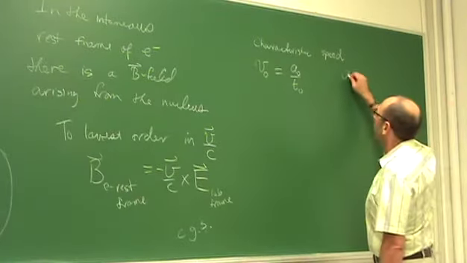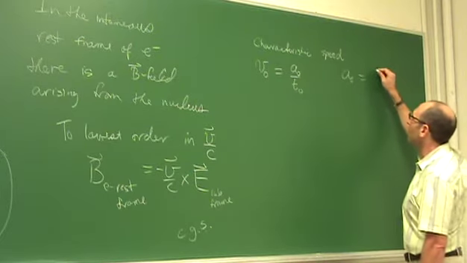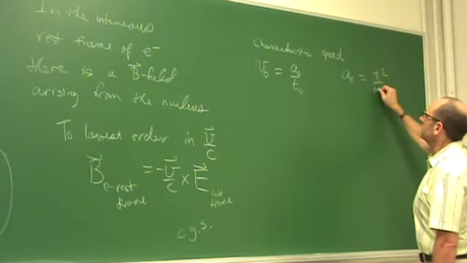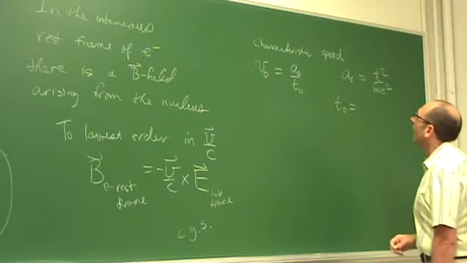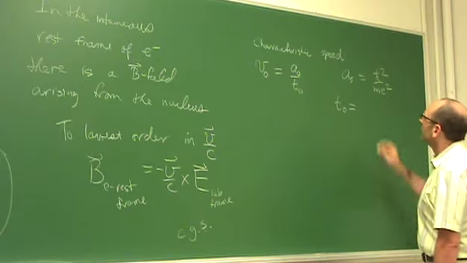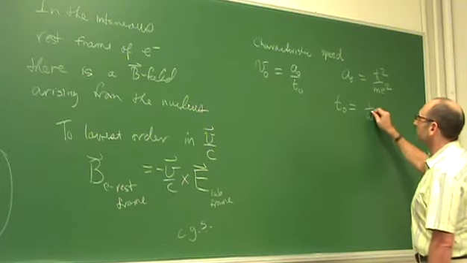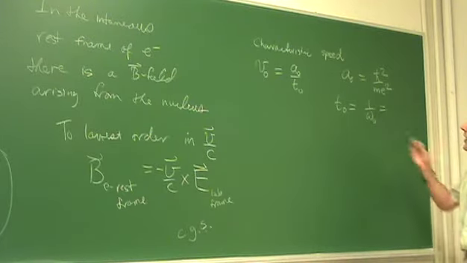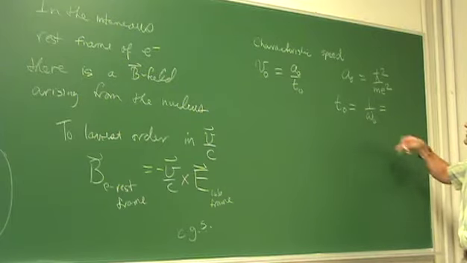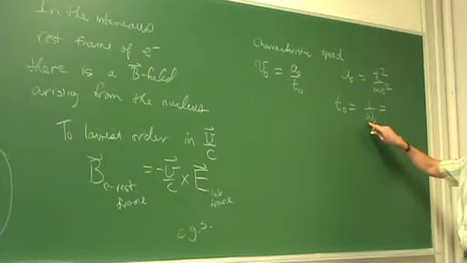So a naught is the characteristic length, the Bohr radius, and the characteristic time is 1 over the characteristic frequency, and the characteristic frequency is the energy divided by h bar.